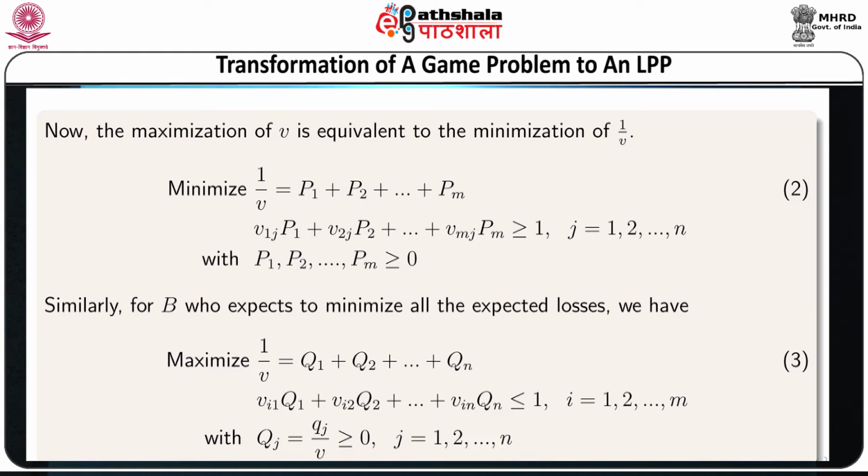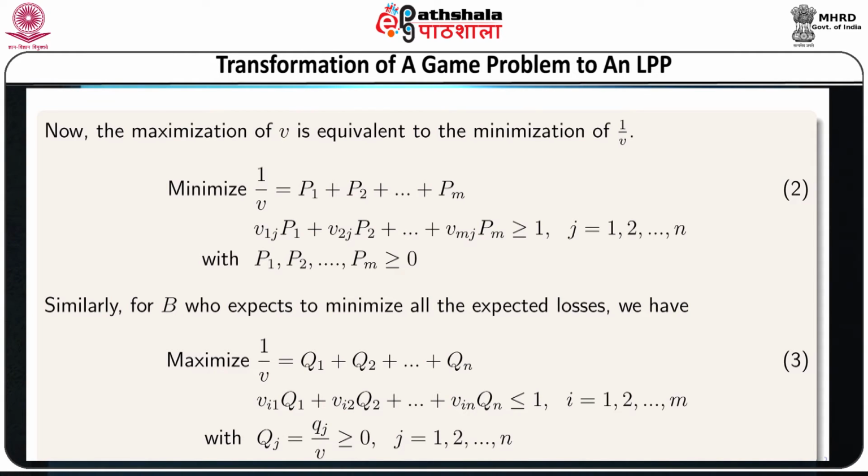Similarly, for B, who wants to minimize the expected loss, we can write the problem in the form: maximize 1 by V equal to Q1 plus Q2 plus dot dot dot plus Qn, subject to Vi1 Q1 plus Vi2 Q2 plus dot dot dot plus Vin Qn less than or equal to 1 for i equal to 1 up to m.